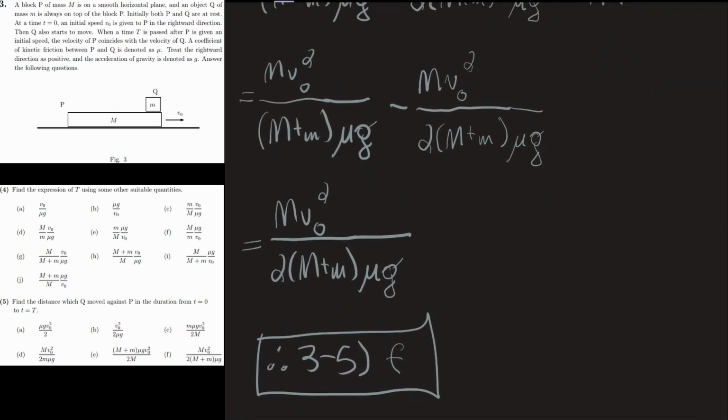And finally, after a whole bunch of expanding and simplifying, you find that the relative distance is equal to big M times v sub 0 squared divided by 2 times big M plus small m times mu g.